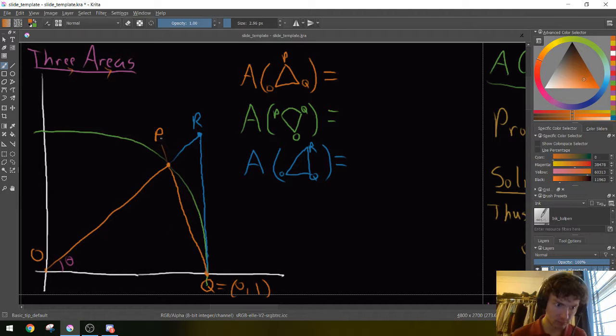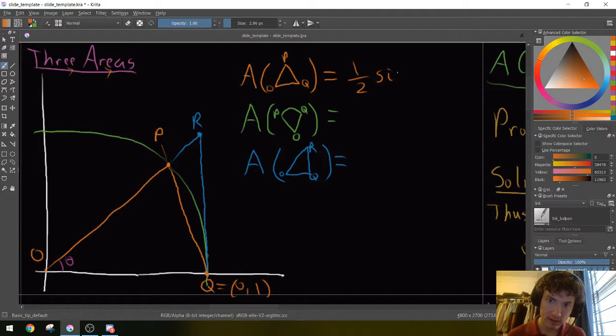Sine of theta. Good. So the height is sine theta, and the area is half of sine theta.